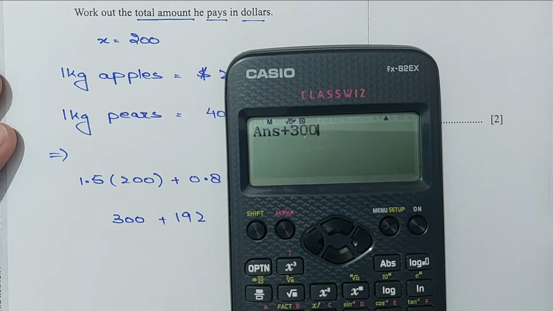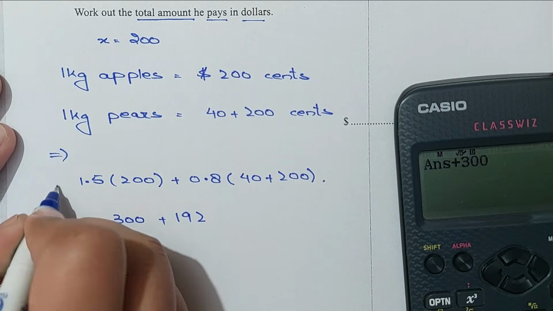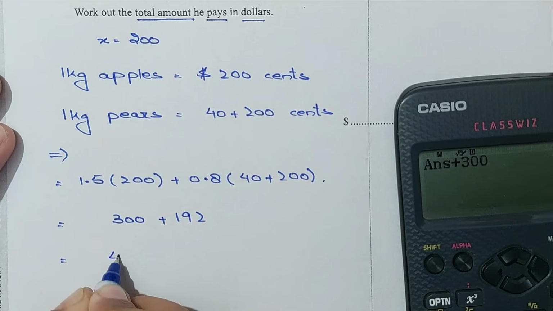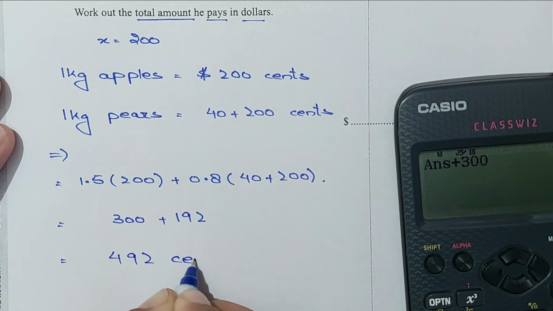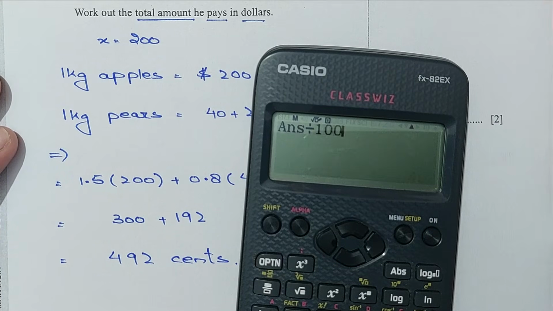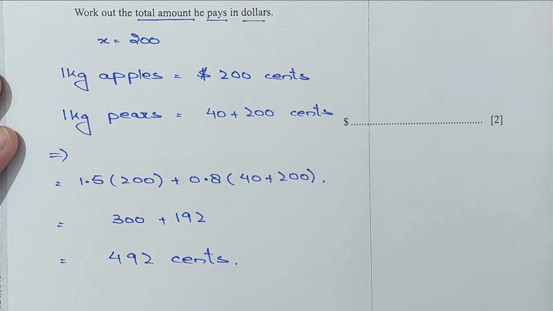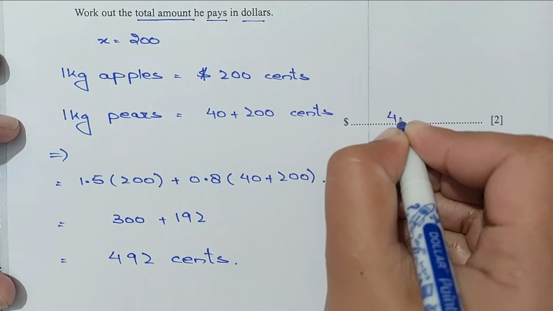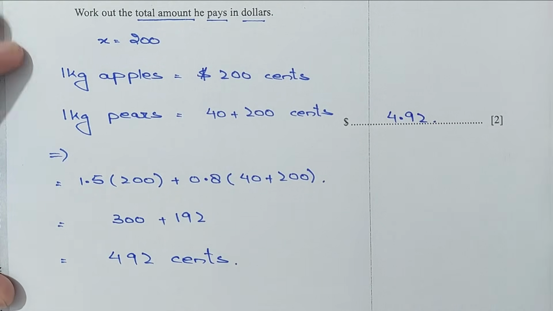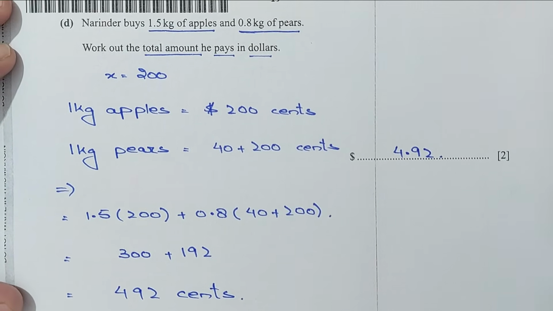Add up with 300 and we get 492. This is in cents, but we have to find how much is paid in dollars, so divide by 100, which gives $4.92, right? So that was the last question of our paper.